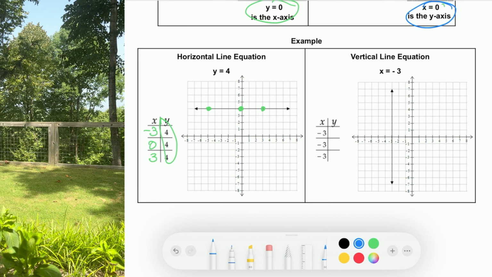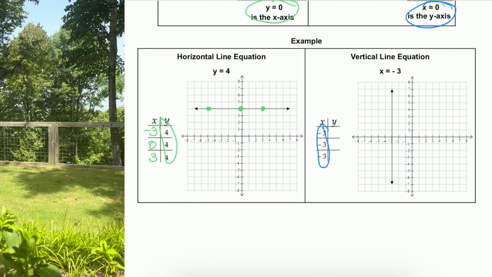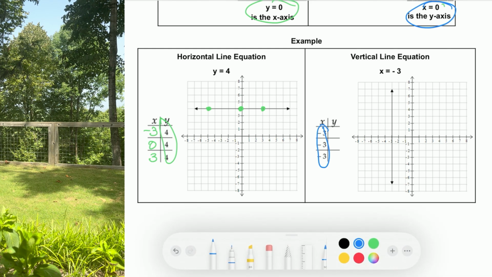Well, look at the vertical line, x equals -3. Our vertical line is crossing the x-axis at -3. So my x value is always -3 here. But what about my y value? I can pick random locations along here to get a y value that would be a solution.